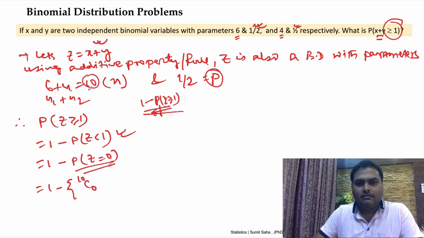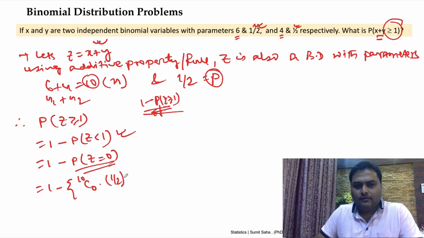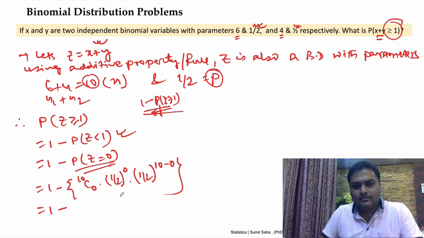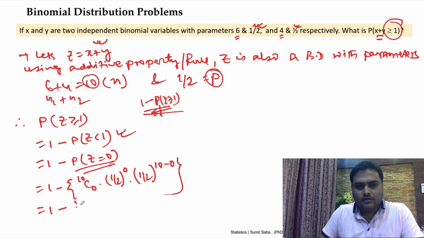Because n is 10 now. 10C0, p which is half to the power 0, q which is half to the power n minus x, that means 10 minus 0. So this is the binomial distribution formula. What I'm getting is 10C0 is nothing but 1, half to the power 0 is 1 as per the indices rule, and I'm getting half to the power 10.